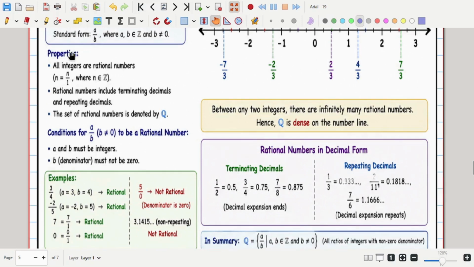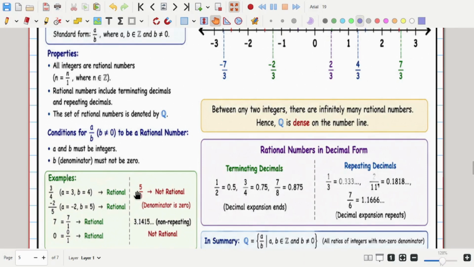All integers are rational numbers. For example, 3 by 4, where 3 is an integer and 4 is also an integer, so 3 by 4 is a rational number. Minus 2 by 5, where a is minus 2 and b is 5, both are integers, therefore it is a rational number. 7 is equal to 7 by 1, both are integers, therefore rational. 0 is equal to 0 by 1, both are integers, therefore rational.